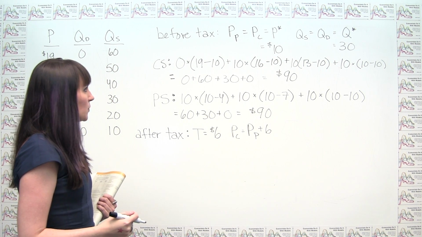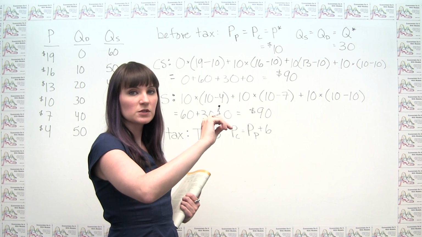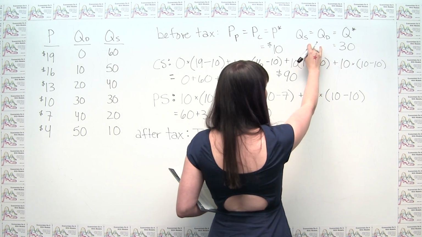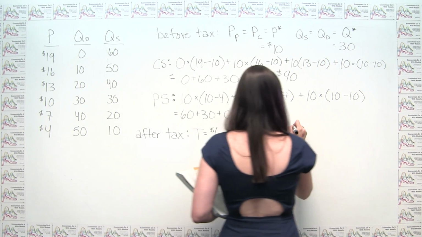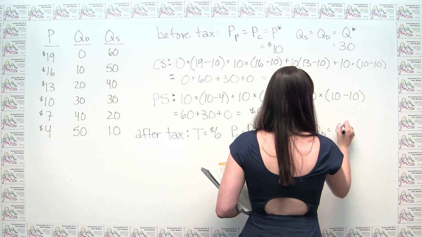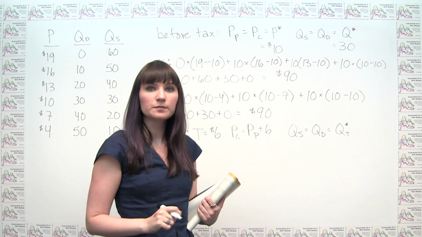So we have to find the point where prices are apart by the amount of the tax to the producer and the consumer, but still where quantity supplied is equal to quantity demanded. We can still say we're looking for this point, and I'll call this Q star sub T, for tax.